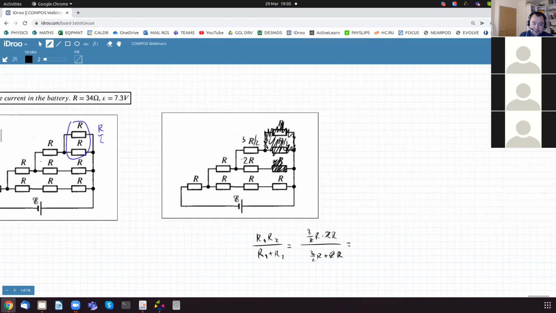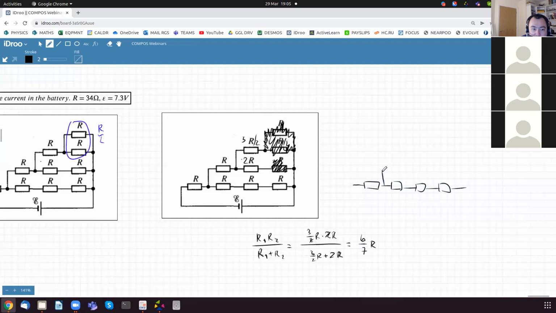So that's 6 over 7R. Okay, so this combination is 6 over 7R. So we are left with R, R, R, R.